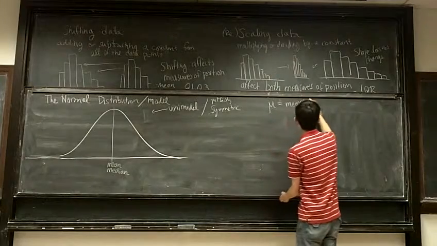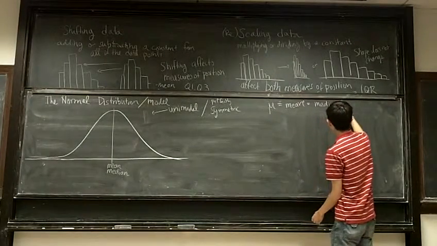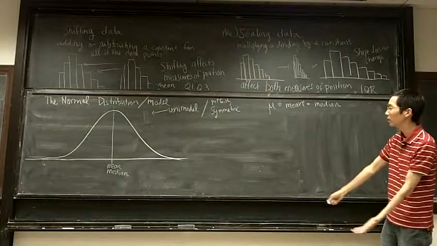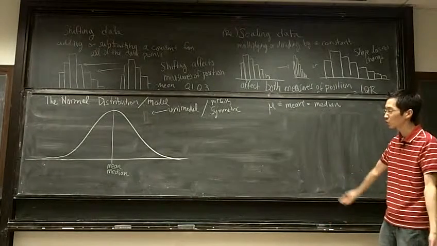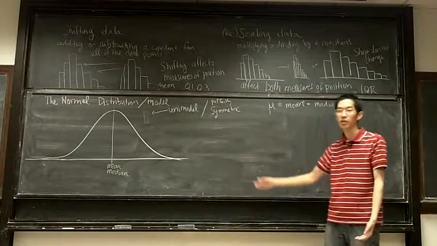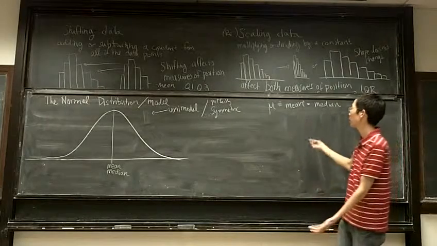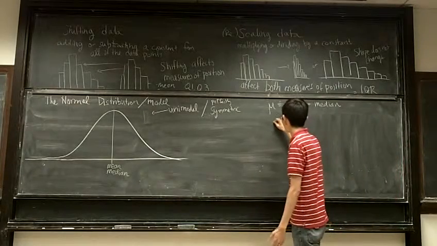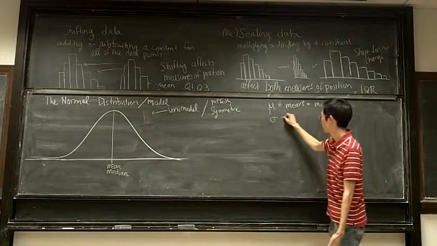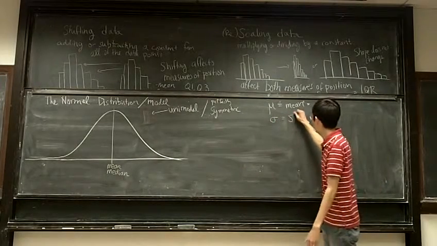This is the mean, and it's also the median. That is the center. Okay, so when we're talking about a distribution, we've got the shape, unimodal and symmetric, the center, which is the mean mu, and we've got to talk about the spread, the standard deviation. And the spread is denoted by the Greek letter sigma, and that is the standard deviation.